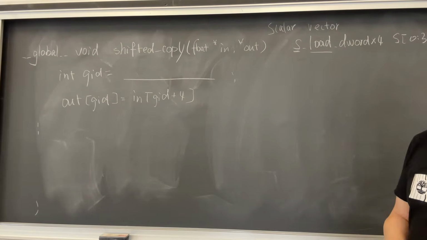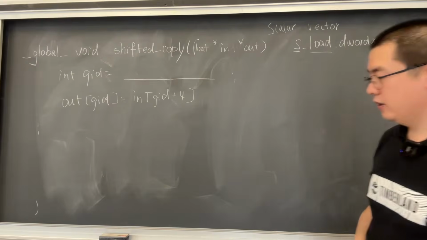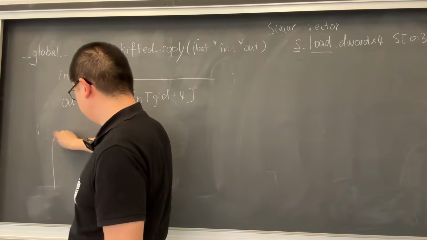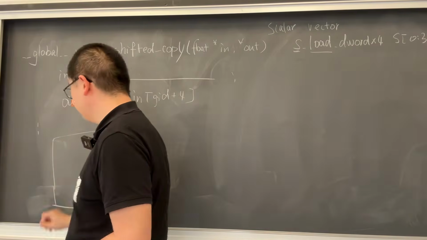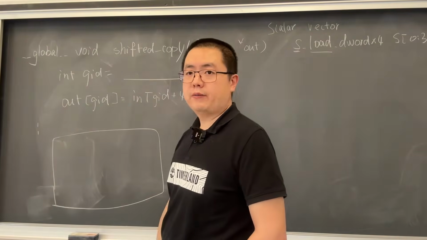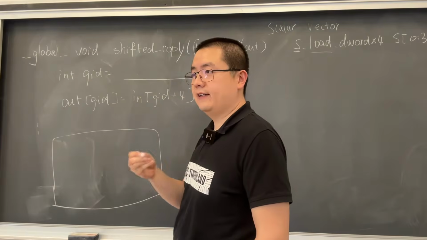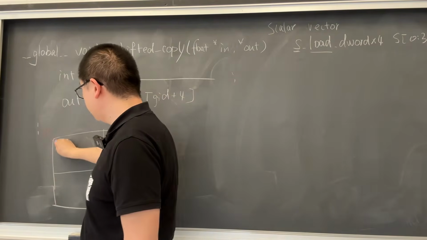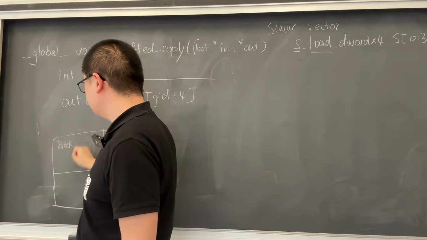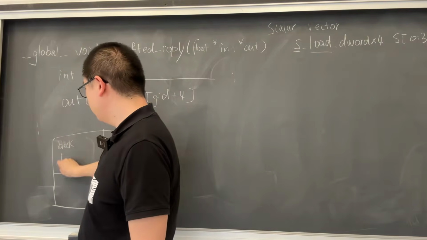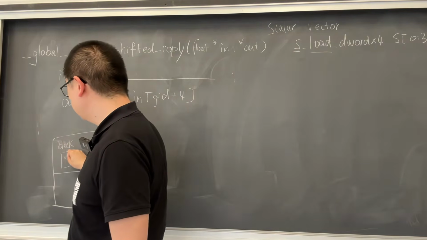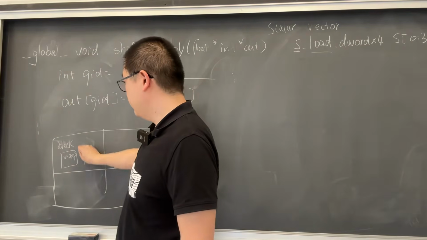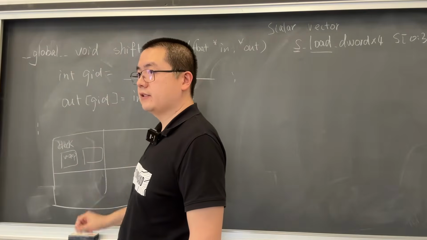So GPU programs work in this way. Remember, we're talking about blocks, right? So a kernel, this is a kernel. And a kernel can be divided into a few layers of different things. The first layer is block. Within block, we have warps, W-A-R-P, several warps.